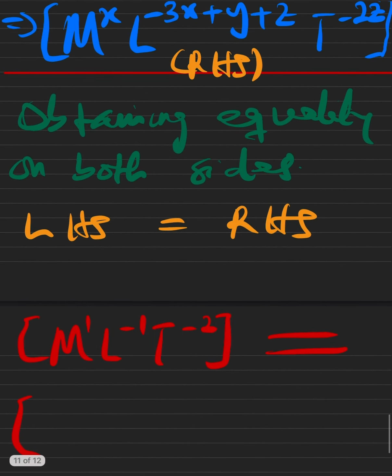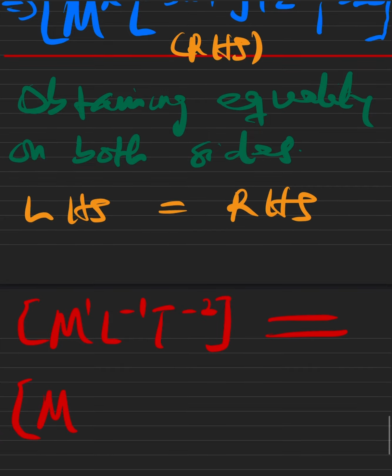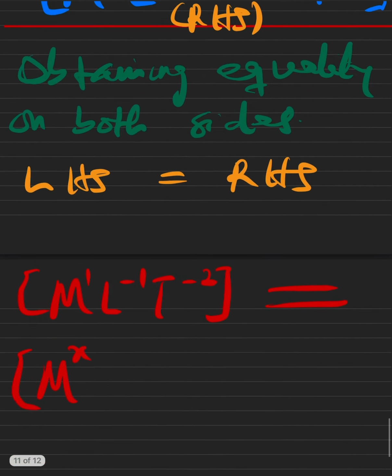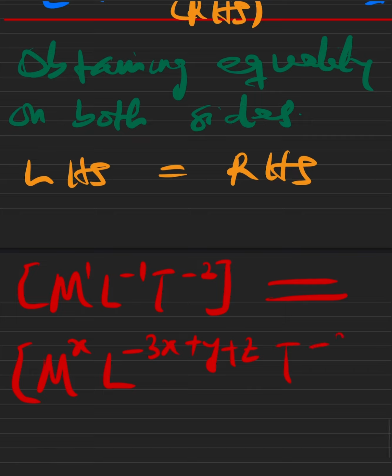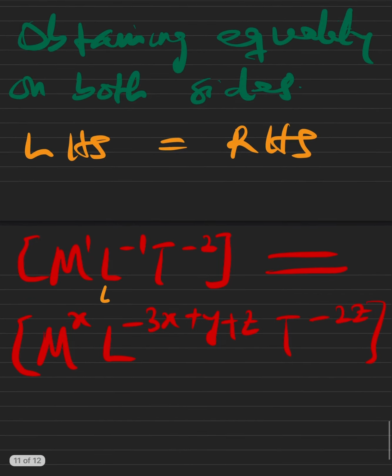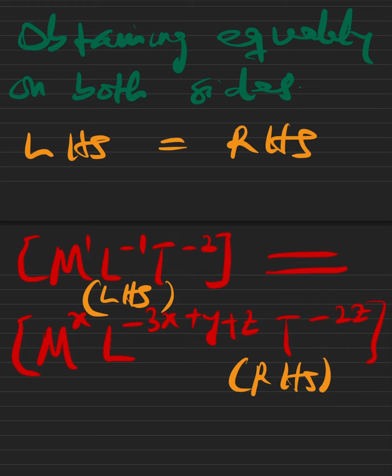That's going to give us, if you look at it, M to the power x, L to the power minus 3 plus y plus z, right? Then T raised to the power minus 2z, right? So this is the left hand side, and this is the right hand side.